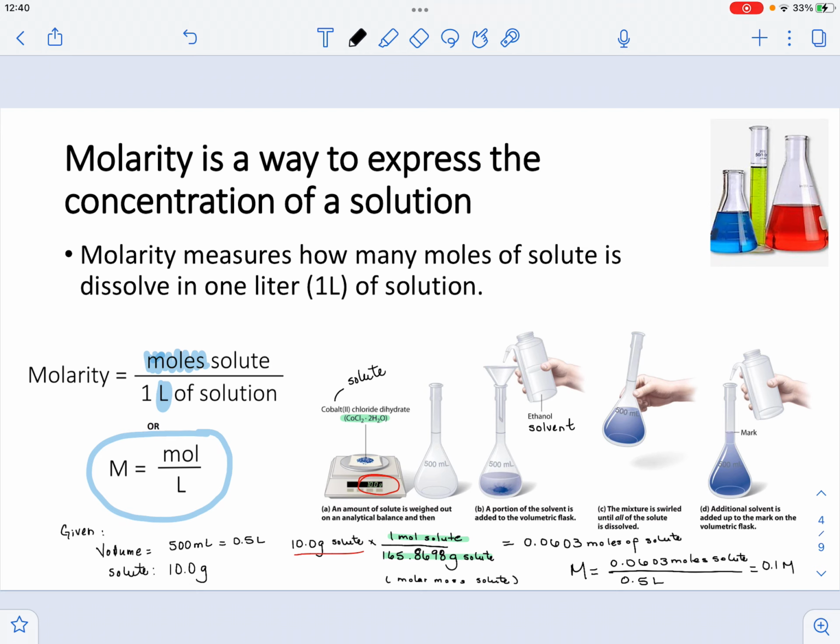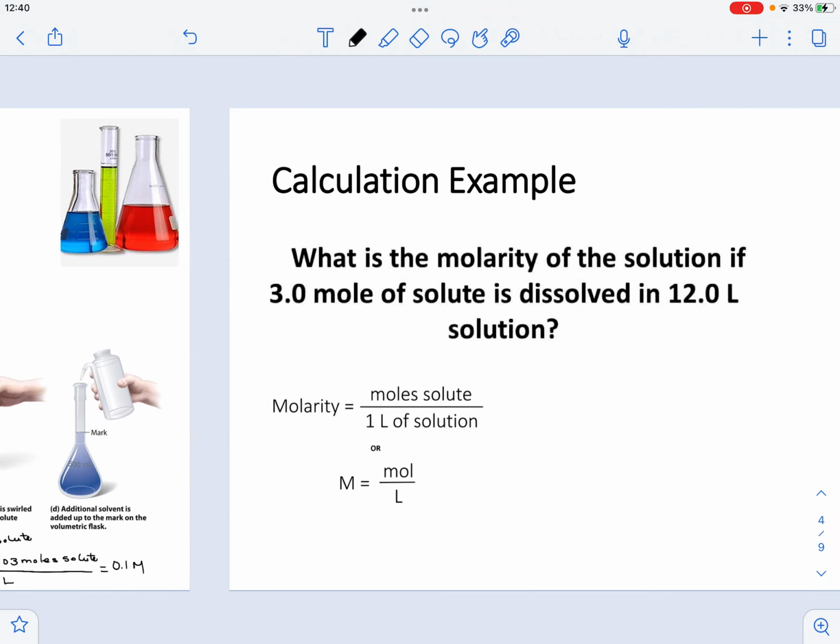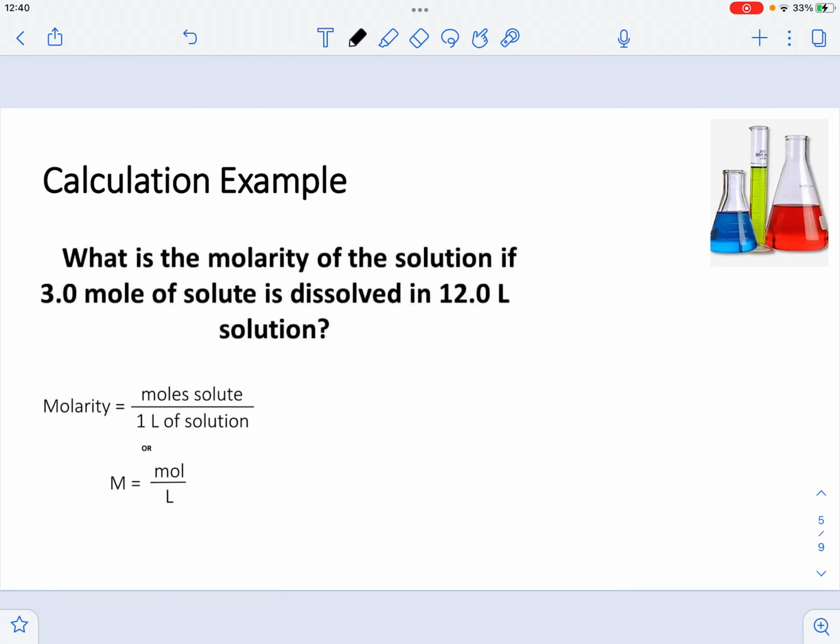Now, in other problems, if you are given just the moles of solute and the volume of the solution, because they have the correct unit, you can go ahead and divide them, which is the problem that we have in the next page. If we're trying to determine the molarity of a solution, if you have 3.0 moles of solute and is dissolved in 12 liters of the solution, here, because the solute already has the correct unit and the volume is given in the correct unit, you can put it directly into your equation.